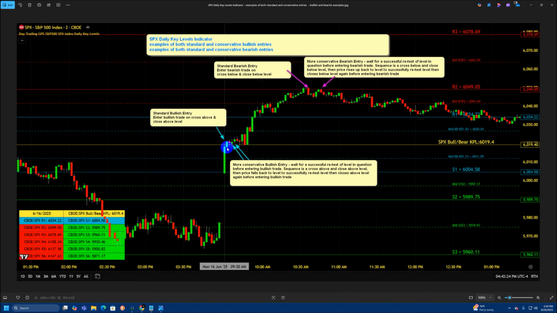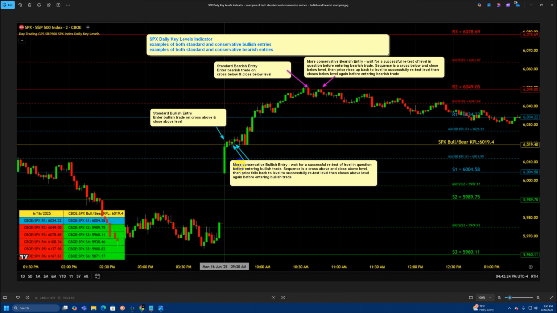We have a candle, the same candle, crossing above the level in question, in this case the bull bear KPL, but it would not matter what level it's on. Regardless of what level this is, a cross above and close above the level is your bullish entry.